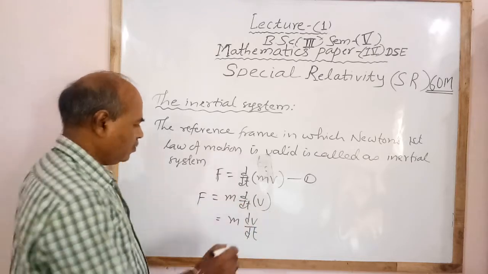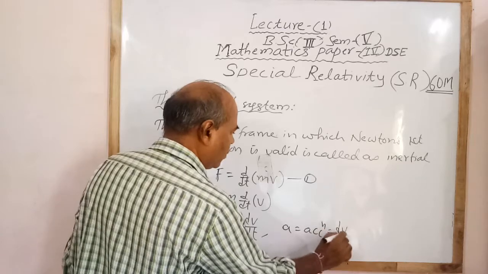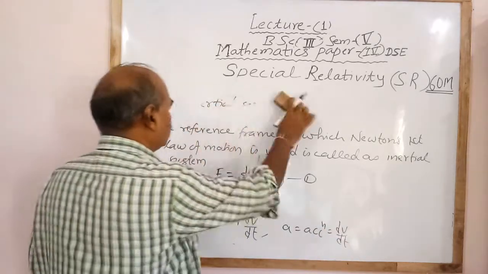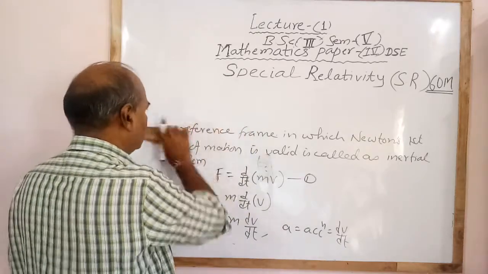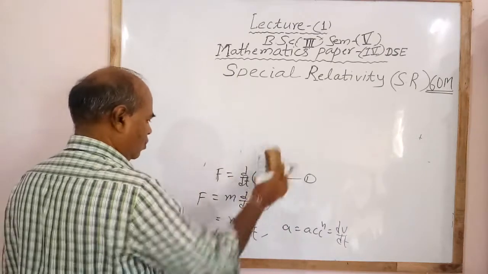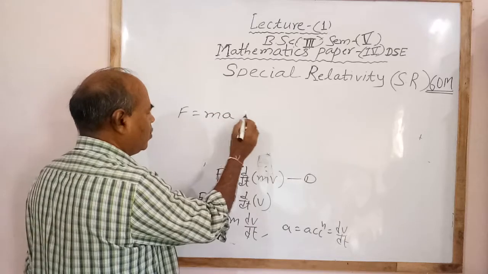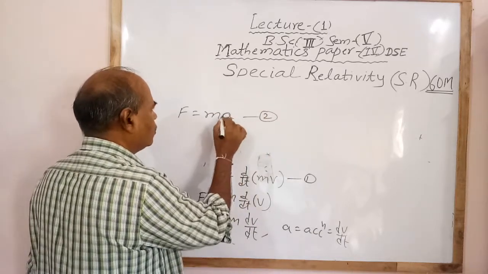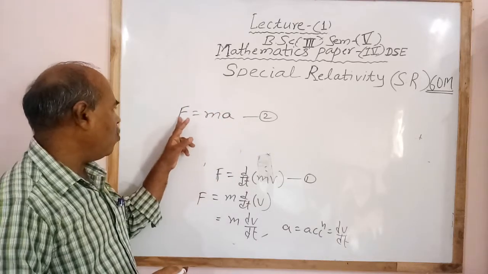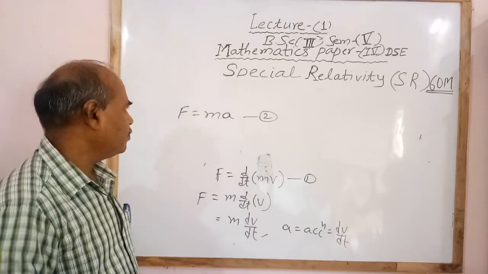A equal to dv by dt. Therefore we have F equal to m into a. This F and a are vector quantities, therefore we make them bold.